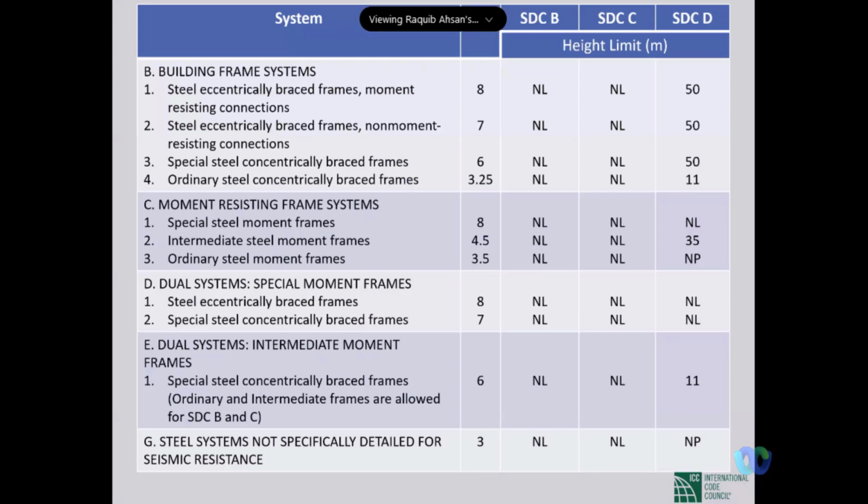But in case of seismic design category D, you remember that for zone 4, we have to design the structures complying with seismic design category D. In that case, we are not permitted to design steel systems not detailed for seismic resistance. That we are not permitted to. This is NP, not permitted.